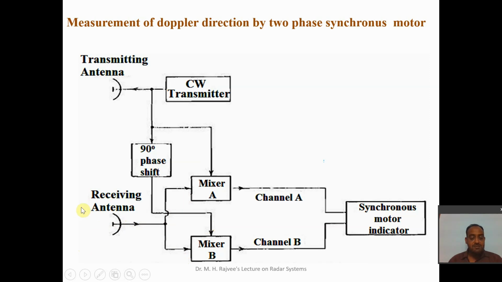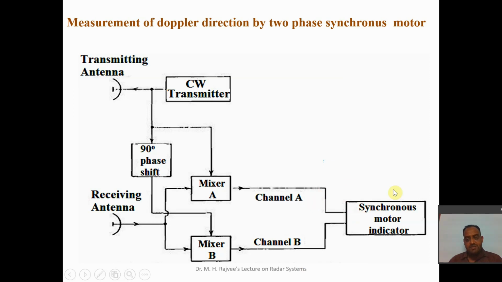The CW radar signal echo will have a frequency shift depending upon the movement of the target. Now the signal which is coming in this antenna is either f0 plus fd or f0 minus fd. Now channel A and channel B will process the signal, and if channel A is positive, channel B will have negative magnitude.